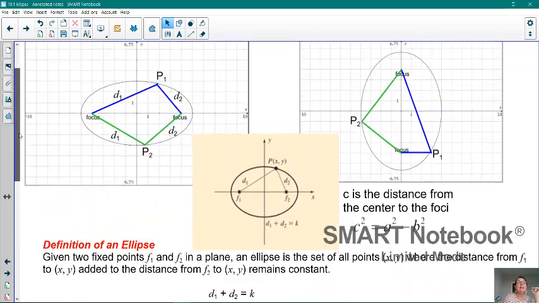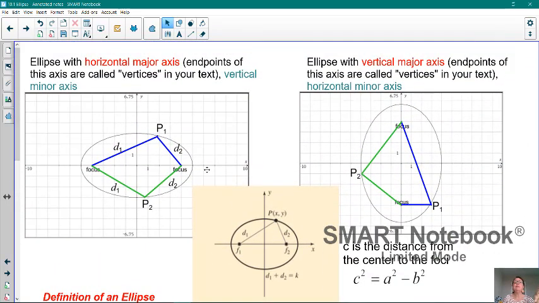So in an ellipse, we would do this really neat activity where I would have two of you come to the board and hold a string between, like, one finger on one end of the string and another person's finger on the other end. And then the string would be sagging down because it would be longer. And then I would stretch the string out and I would draw all the way around.